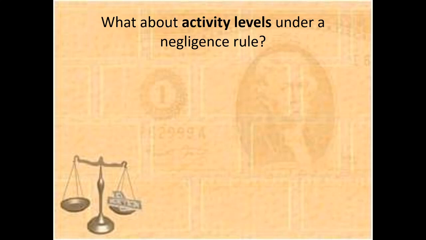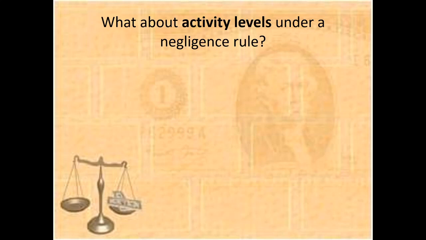So, what we are going to discuss today is the activity level under the rules which we have already studied, that is the strict liability rule and the no liability rule.